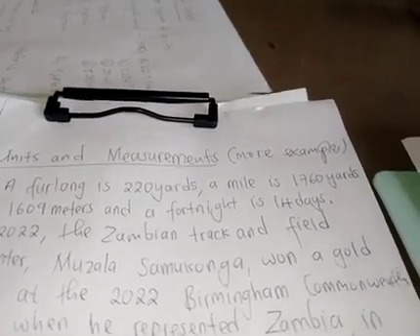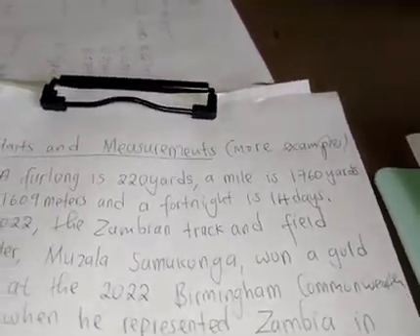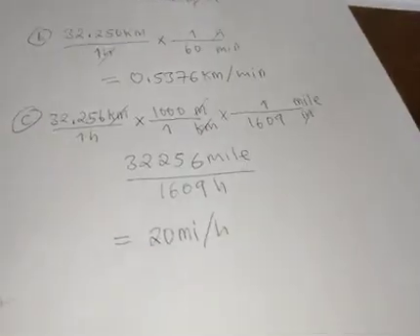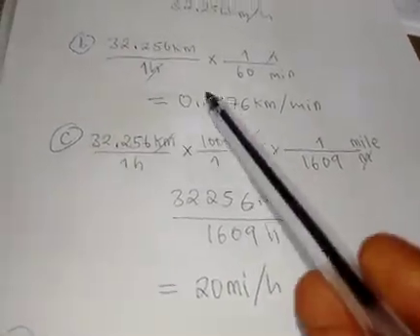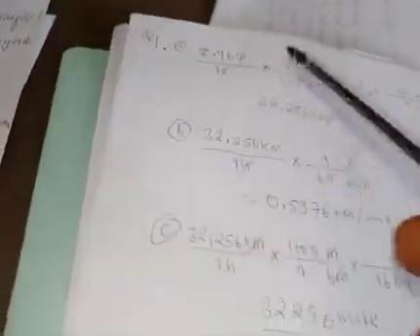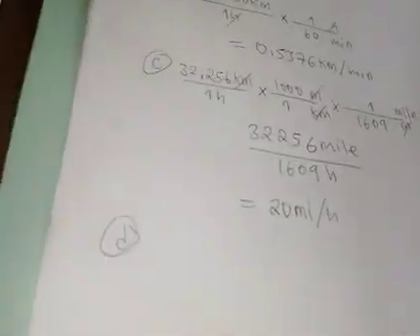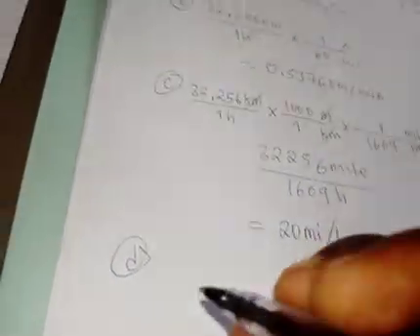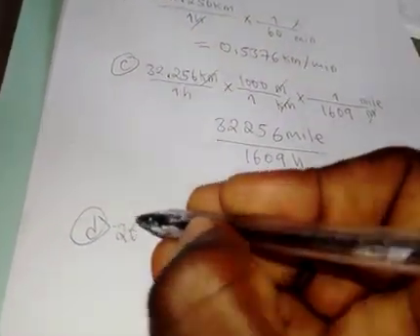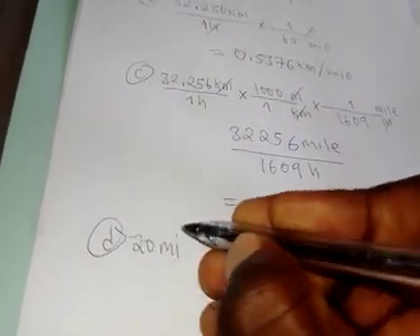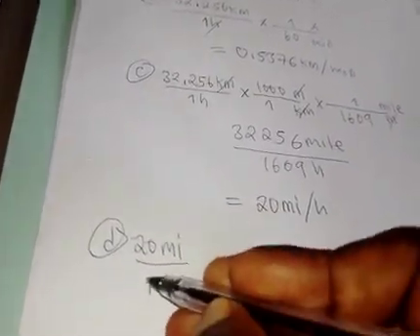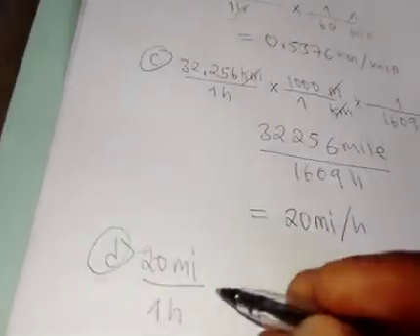So here you have 3 options to choose from. We can use this one, this one, or even the initial value we started with. The answer should be the same. I'll choose this one, which is 20 mile per hour. You can choose any value and do the calculations.